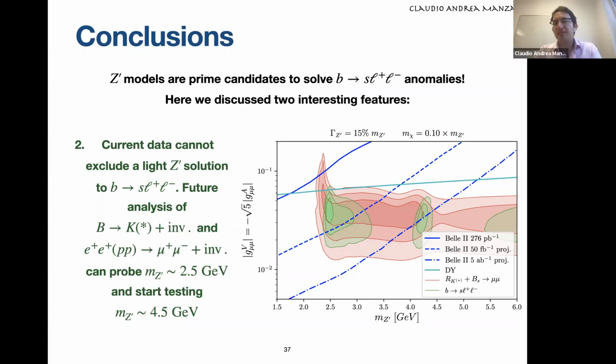As I said at the beginning, our goal was to see if this model could be excluded. In the minimal setup, our Z prime coupled only to B and S, so it had only a lepton flavor violating quark coupling, because that's the minimal setup that you need to explain B2SLL data.